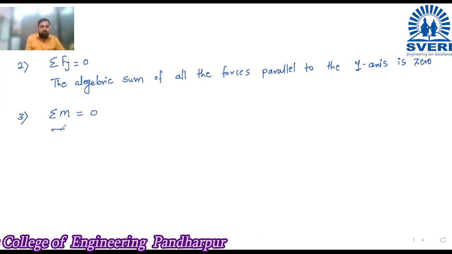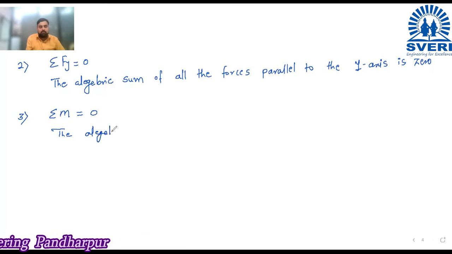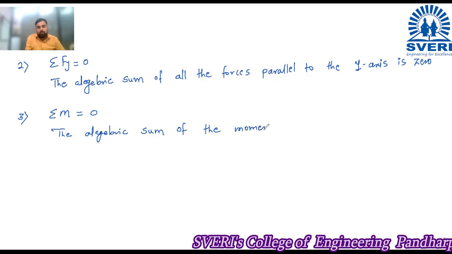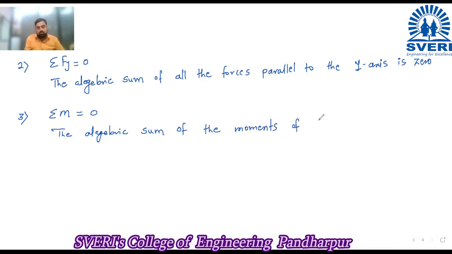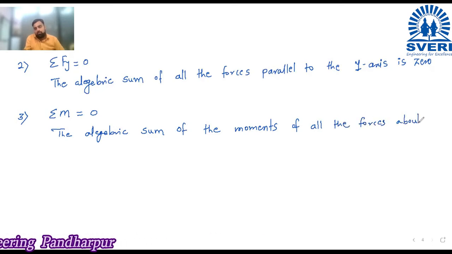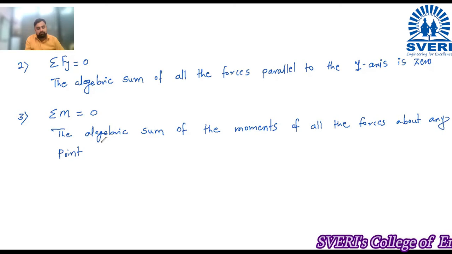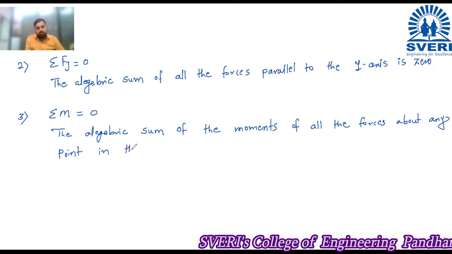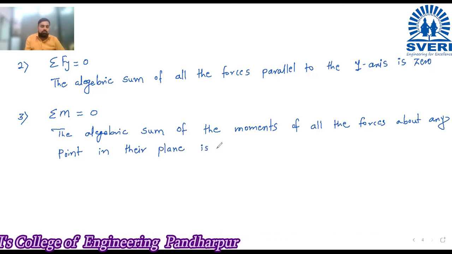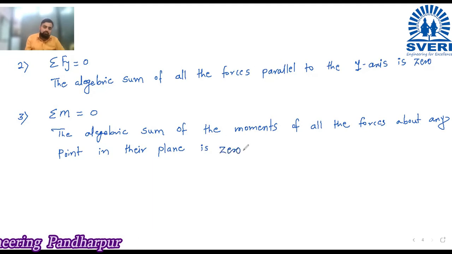Here I will write: the algebraic sum of the moments of all the forces about any point in their plane is 0. Okay. So these are the three equations of equilibrium.